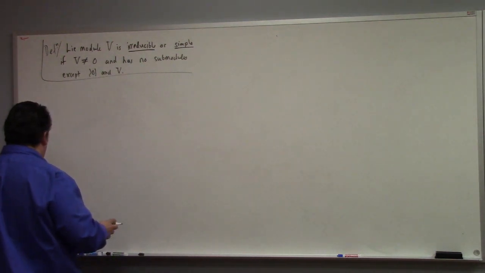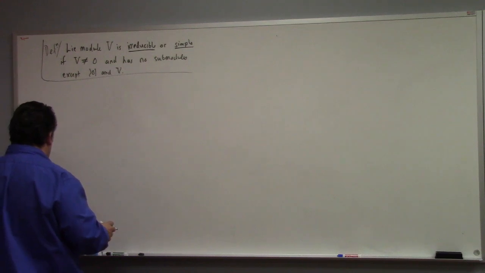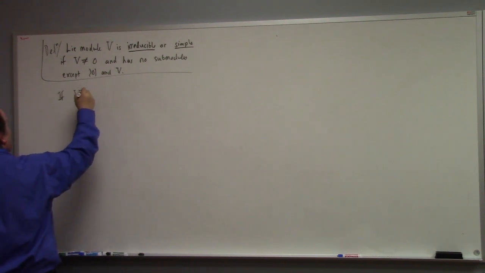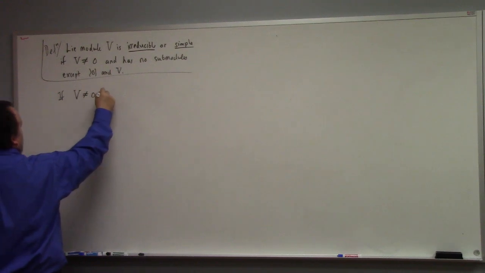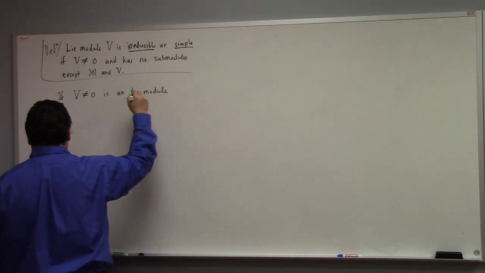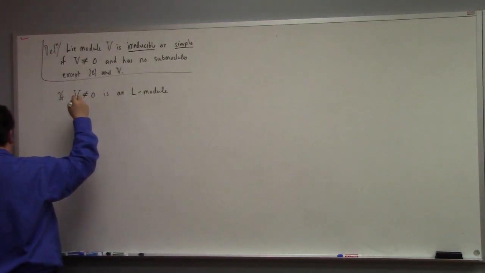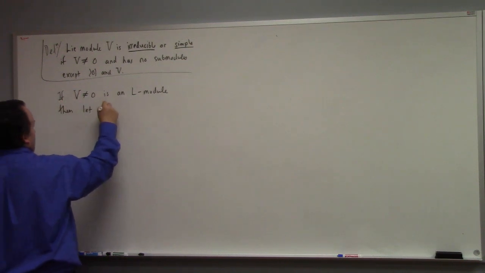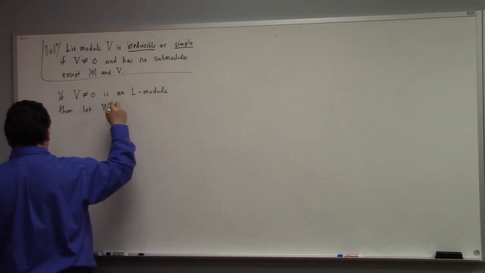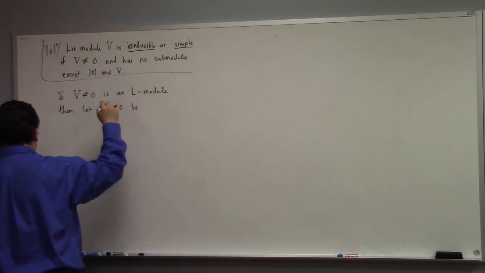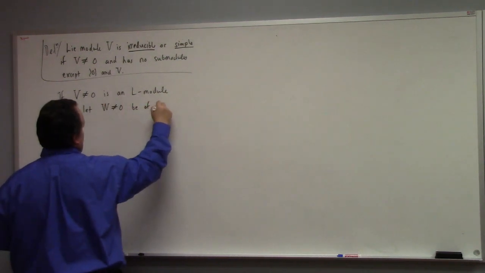But let's see here. So if V, not equal to 0, is an L module, then let W, not equal to 0, be of minimal dimension.